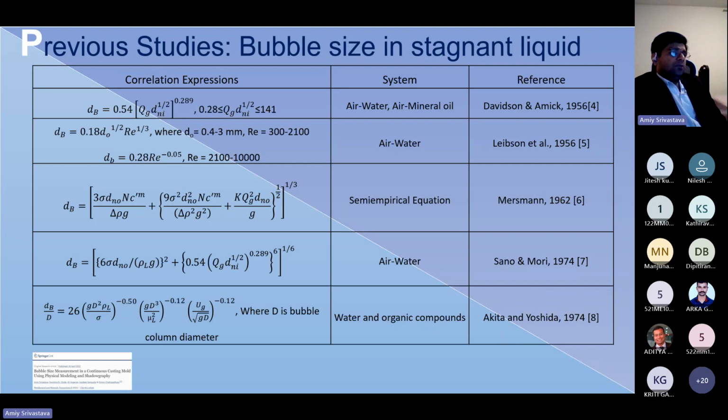If I take the example of a ladle, we don't introduce any liquid from outside. We have liquid already there, and then we inject argon gas by means of plugs and produce bubbles for effective mass transfer of inclusions. So we can call it a stagnant liquid.